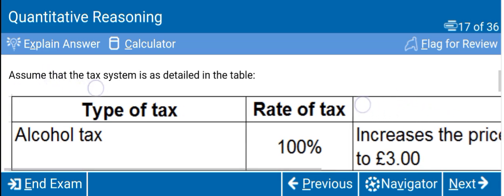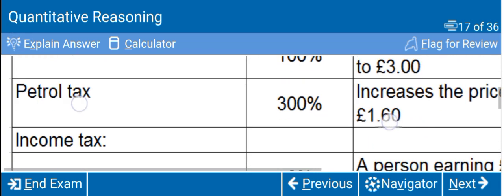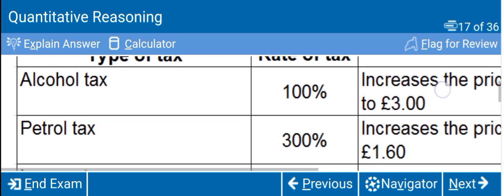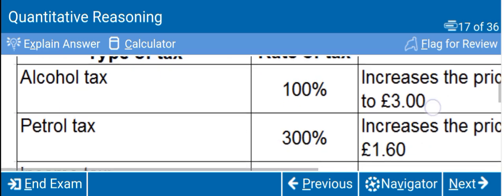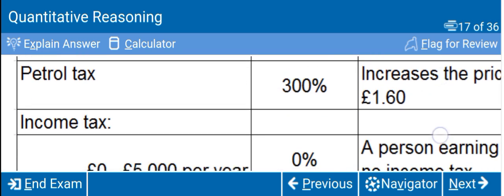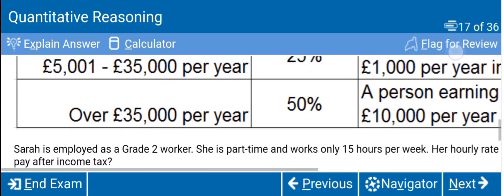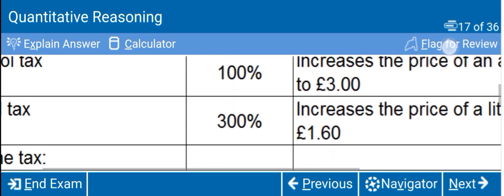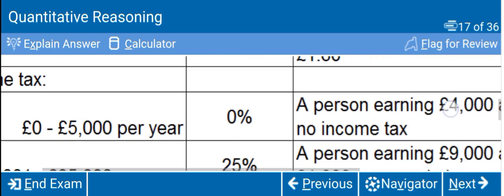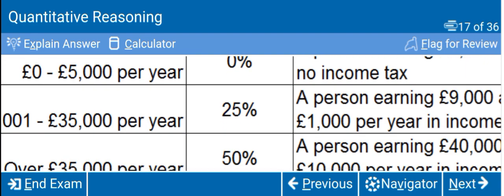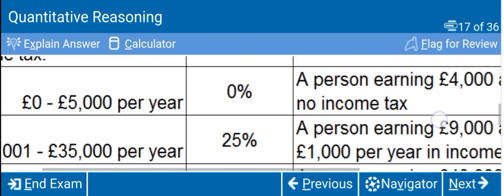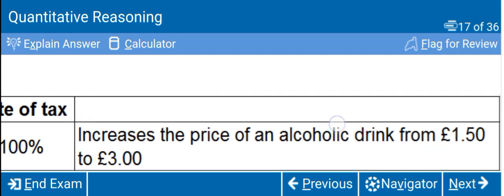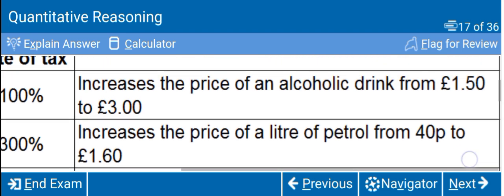So here we have this table, as you can see here. Type of tax: alcohol tax, petrol tax. Then we have income tax with some per share values. Then we have rate of tax: 100%, 300%, 0%, 25% and 50%. That's how you can read all of these values.